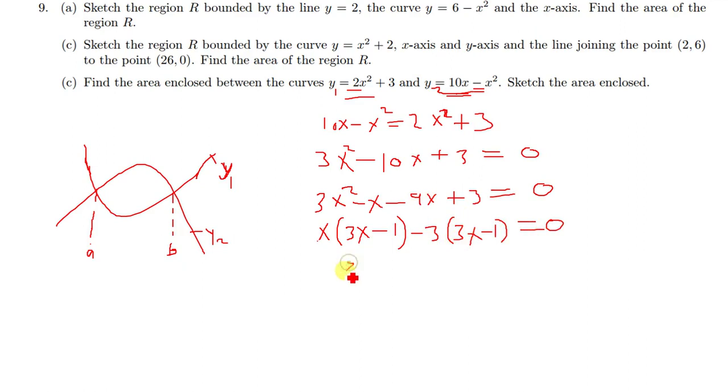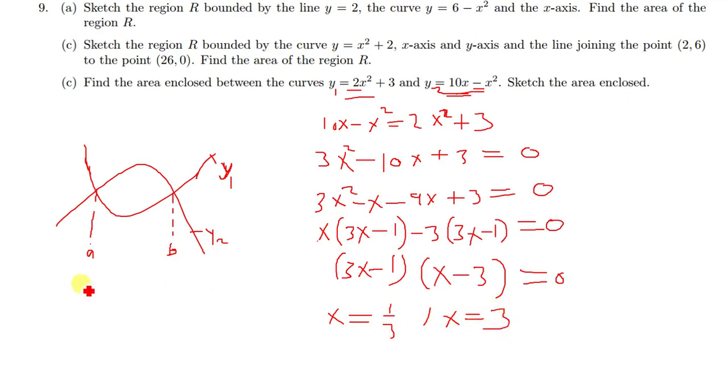So 3x minus 1, and then we have x minus 3 being equal to 0. So our first value of x there will just be equal to 1 over 3. Then the other value of x will just be equal to 3.